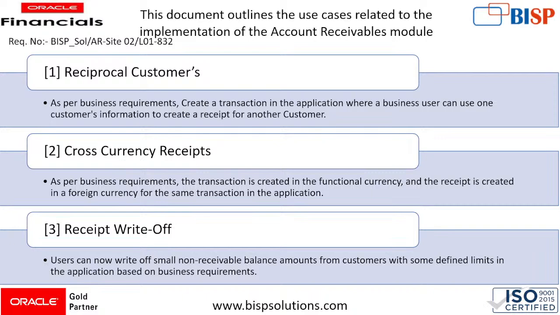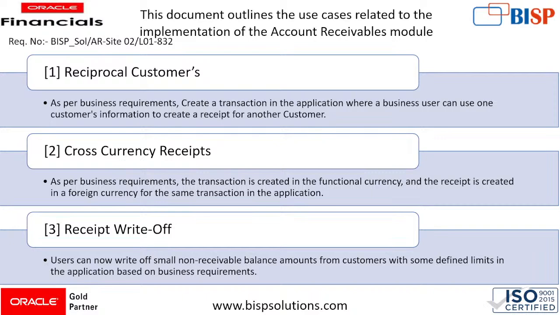Now for the third scenario, that is receipt write-off, the user can write off a small non-receivable balance amount from a customer with some defined limits in the application based on business requirement. So these are the use cases.